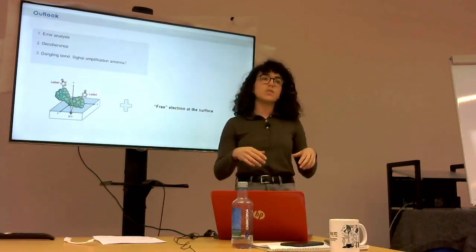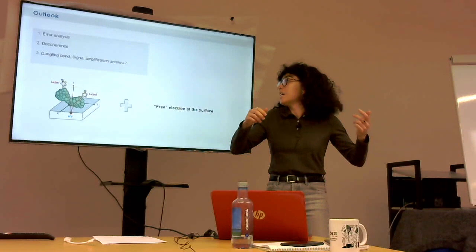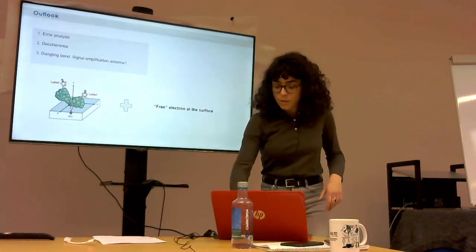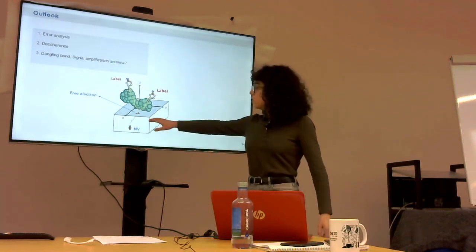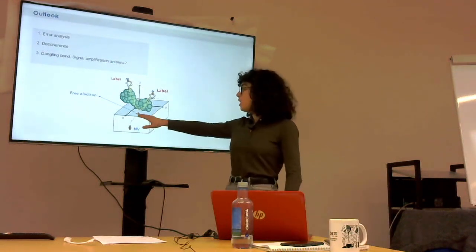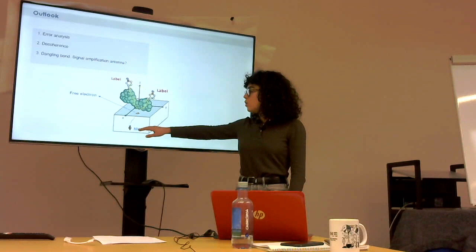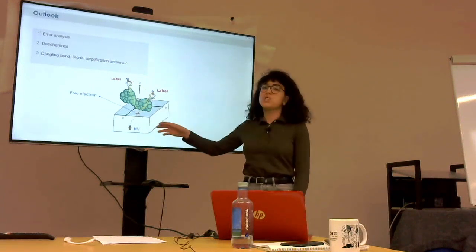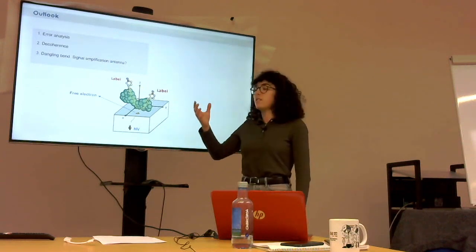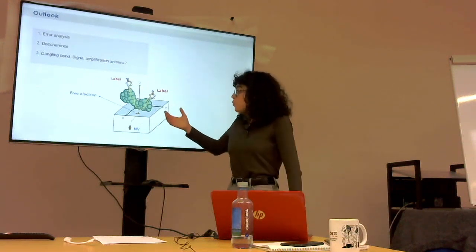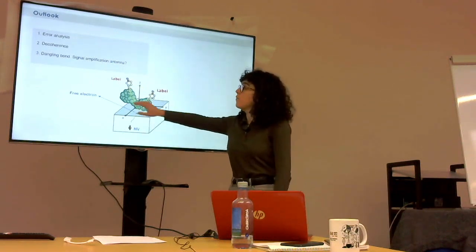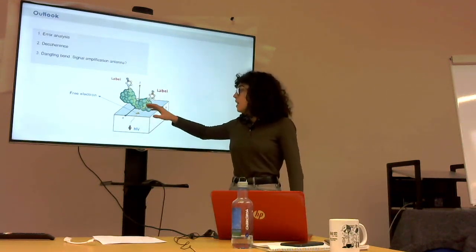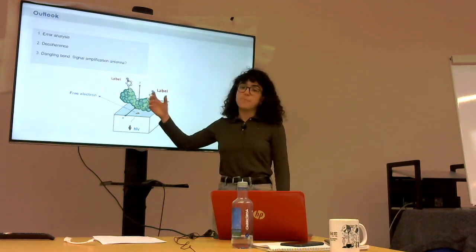But our idea is to use them as friends, as signal amplification antennas. If we are able to use these electrons, it is equivalent to moving our sensors to the top of the surface, which is the best case we can obtain, because we are closer to the labels, so the signal that this electron receives is stronger.